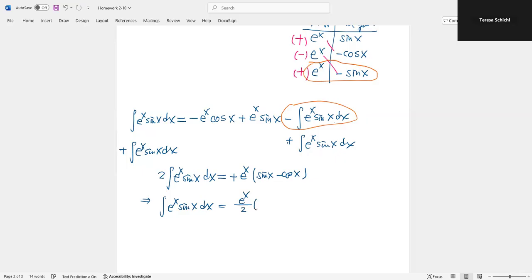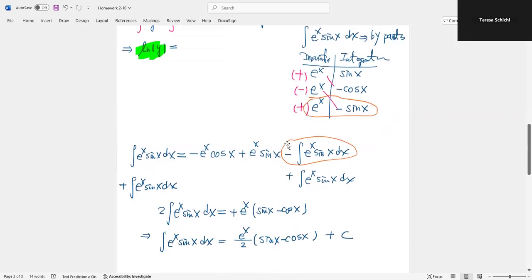And then this is sine x minus cosine x here. Plus, of course, a plus C here.